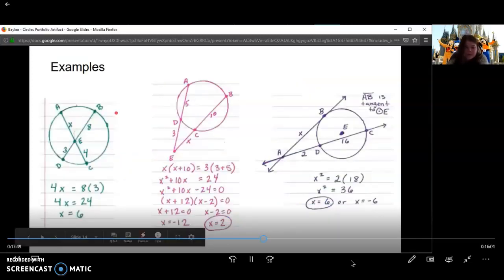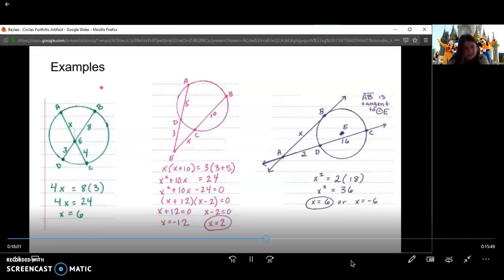These are more examples of some problems with exact numbers. So in this one, we're given EC, DE, BE, but we don't know the length of AE. So that's what we're trying to figure out.